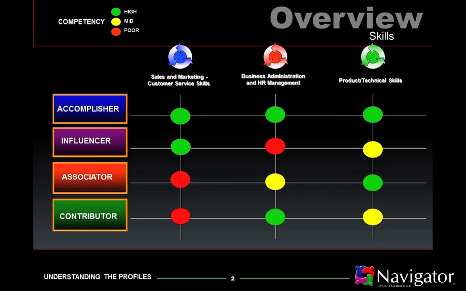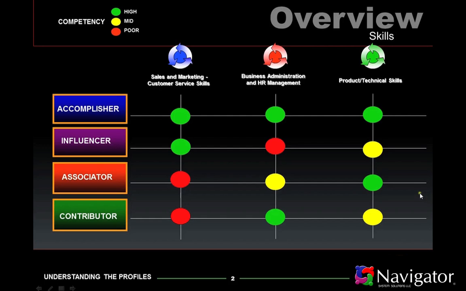So think of this like a stoplight. You have green for go, you have yellow for caution, and you have red for poor. So the accomplisher is green all the way across, not because they're good at sales and marketing, but they are going to hire people based on skills and competencies who will get the job done.